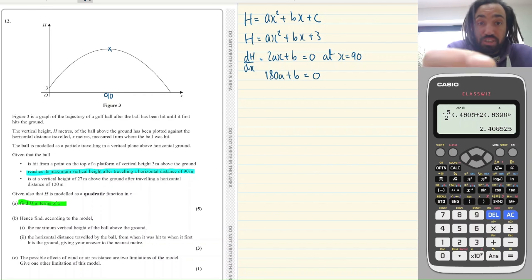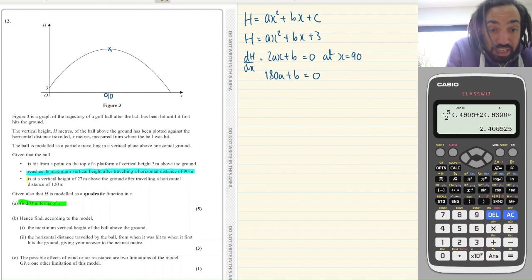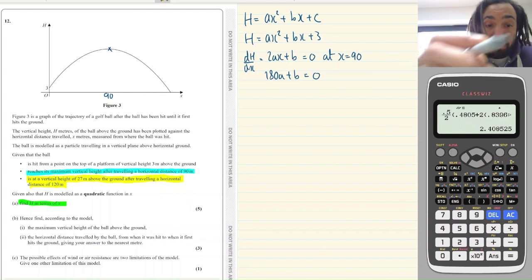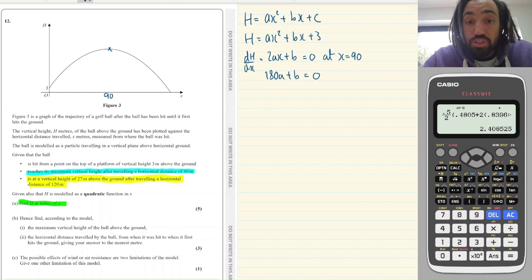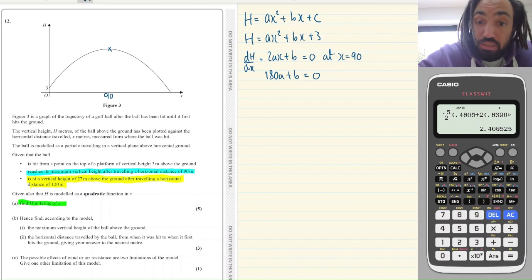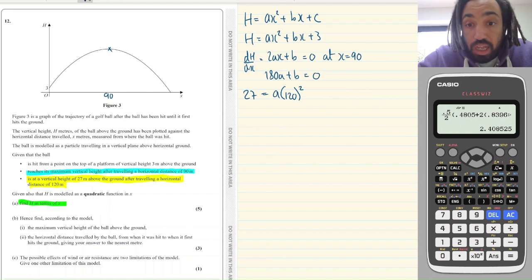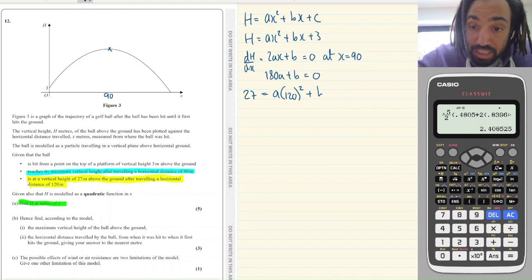We need another one to solve it because that's going to be simultaneous. You say it is at a vertical height of 27 meters above the ground after traveling a horizontal distance of 120. So therefore we know that the height, which is the original formula here for h, is 27, and that equals a times 120 squared, and then plus b times 120, and then plus 3.